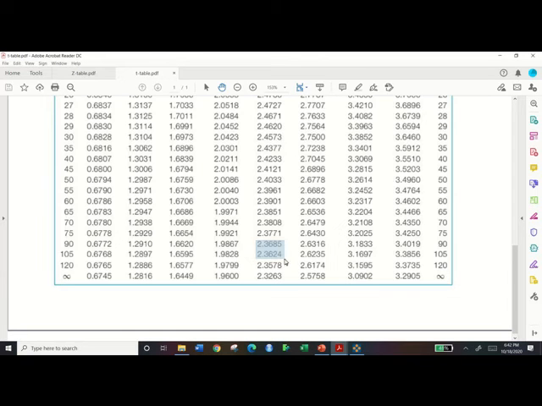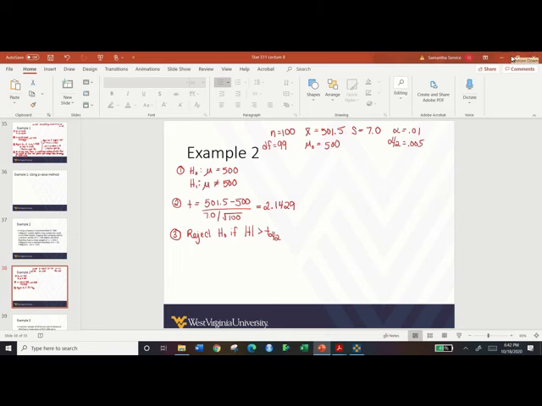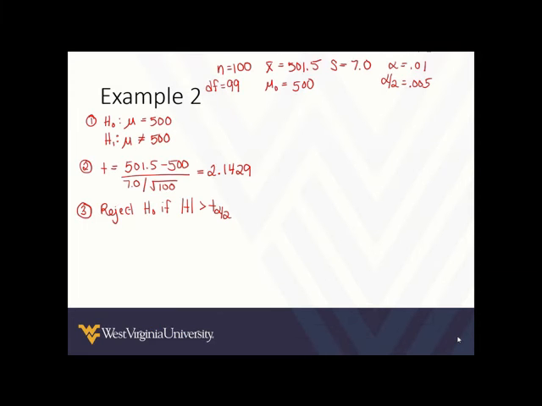And so basically, either one you use, you'd probably still get the same conclusion. But just to be aware that when it gets up to the higher levels of a sample size, we don't see a huge difference in our critical values, which is why they start skipping values on the chart. Save space.